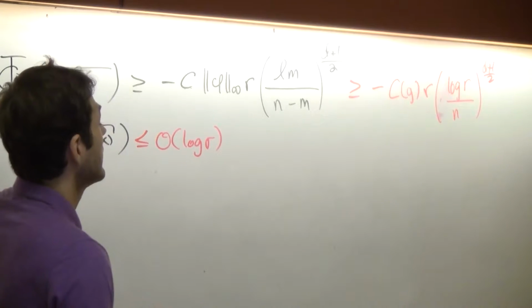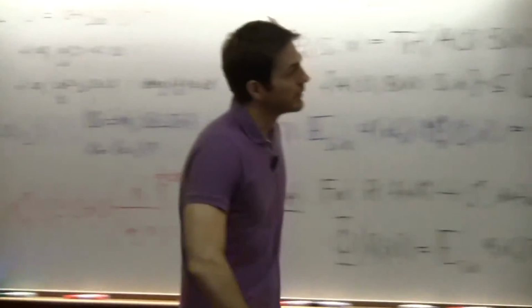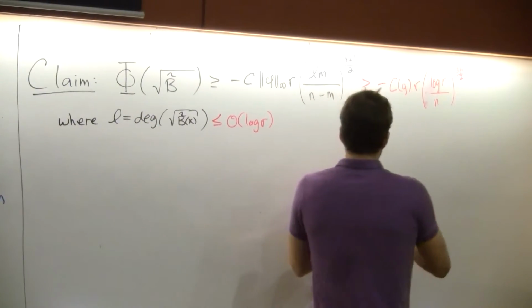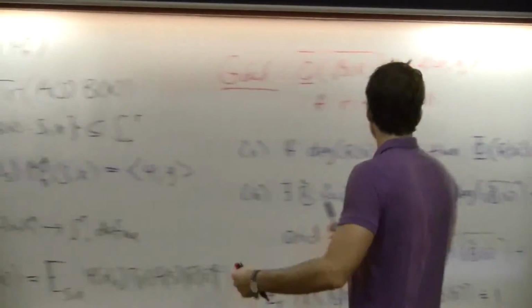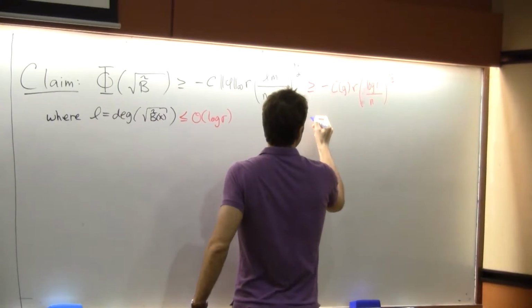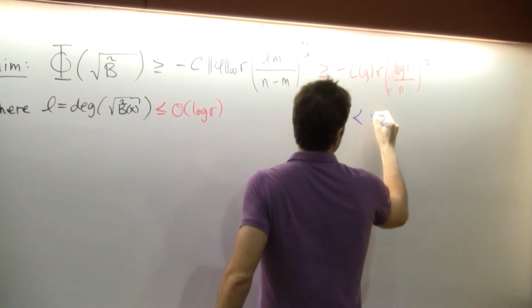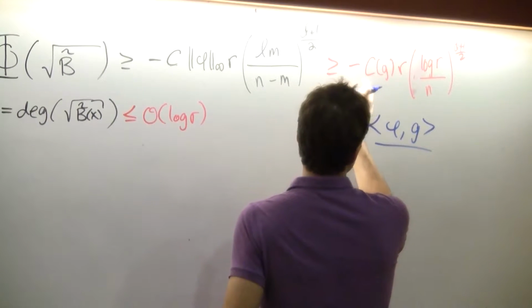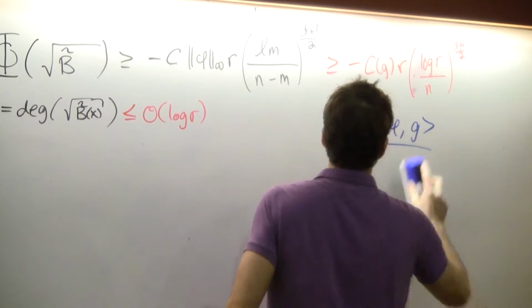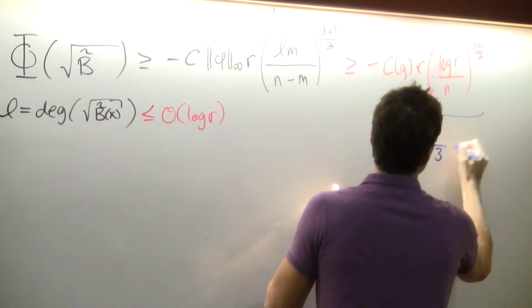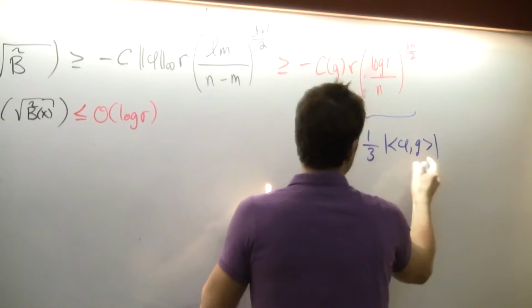And now you will see that this is where the rank lower bound comes from. If you look here, in order not to have a contradiction, in order that we don't separate the two sides, this thing has to be at most, say, 1/3 the distance from this thing to 0.